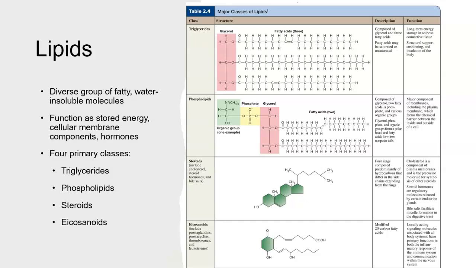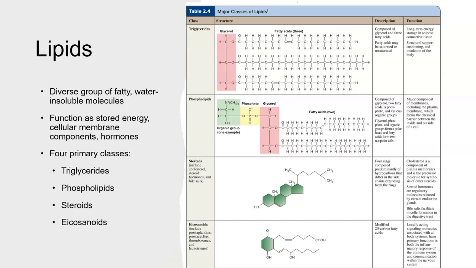The eicosanoids are the last class of our lipids that we'll examine. So you can see their structure is a little bit different as well. Now, guys, I'm not going to test you on the structure. I do want you to know that lipids are made of fatty acids and glycerol for the most part, okay? But you have those carbons, hydrogens, and oxygens, just like we've seen.